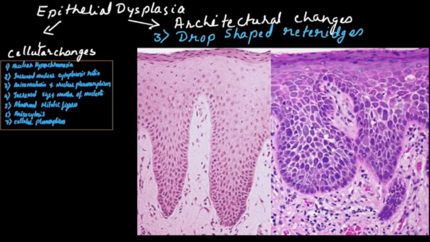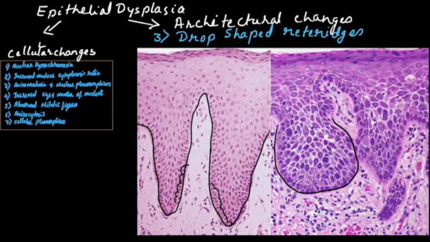Now we see the photomicrographs of normal and dysplastic epithelium. This is the normal epithelium with proper long thin rete ridges into the connective tissue with a single layer of basal cells, whereas here it is the dysplastic epithelium with broad bulbous drop-shaped rete ridges. You can also see a small island of epithelium in the connective tissue.